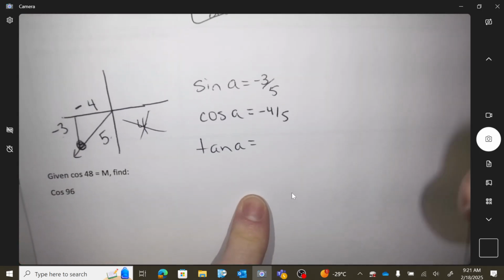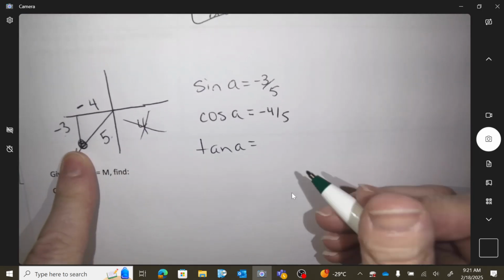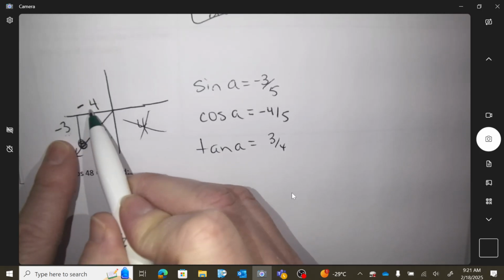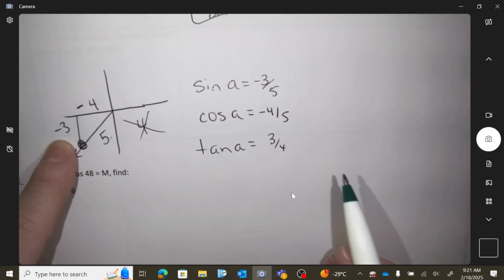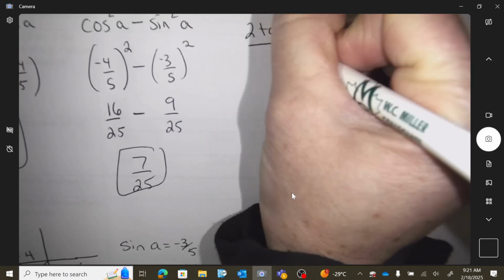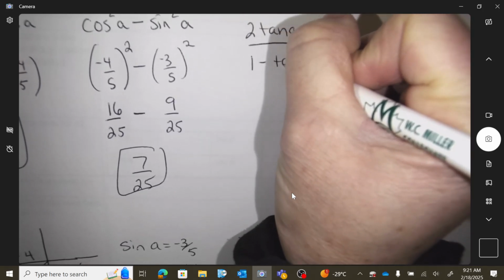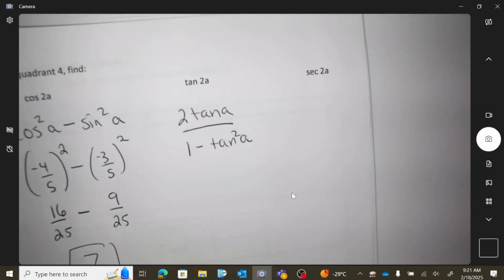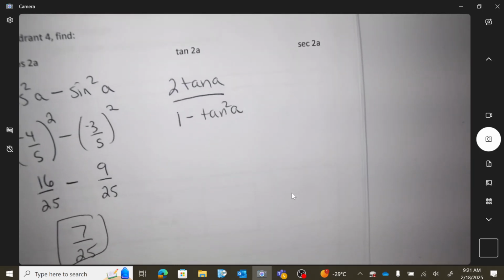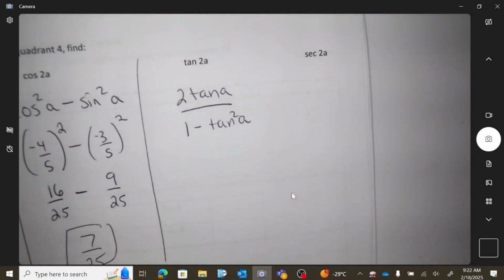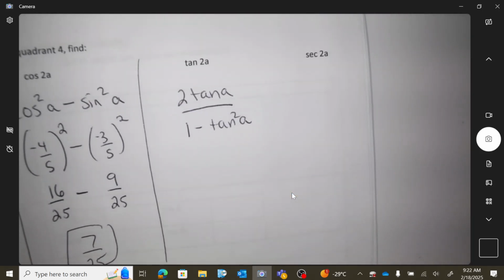Just down here as a basic 3 over 4. Y over x, negative, negative though. Okay, so there's that formula for the tan double.